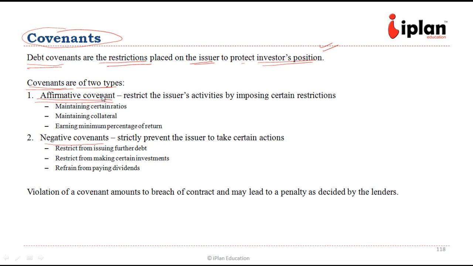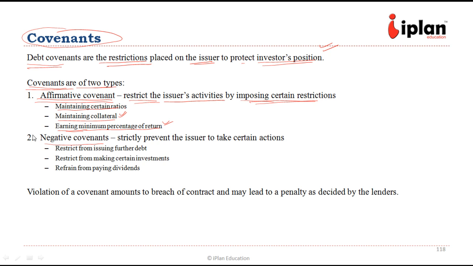Affirmative covenants are the ones which require the issuer to perform certain activities. For example, they are expected to maintain certain ratios which are prescribed by the investors, or maintain a particular amount of collateral, or there is a minimum amount of return which has to be maintained.